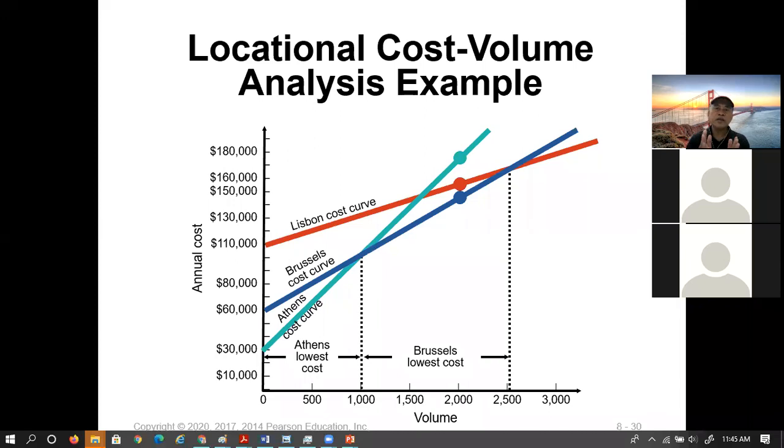So this will be better. But if we increase the production to more than 2,500 in Brussels, it will be no good, because there will be less profit, or Lisbon will be better for getting the profit. So this is using the cost-volume analysis.